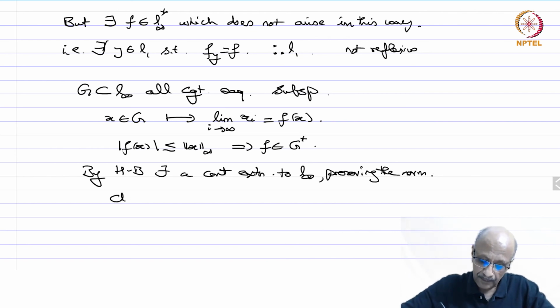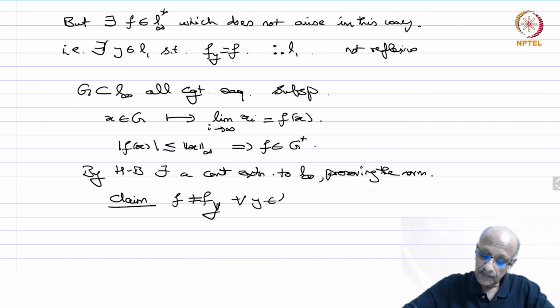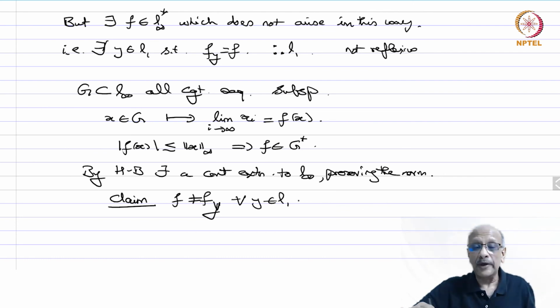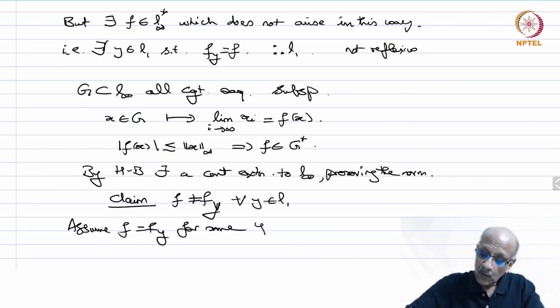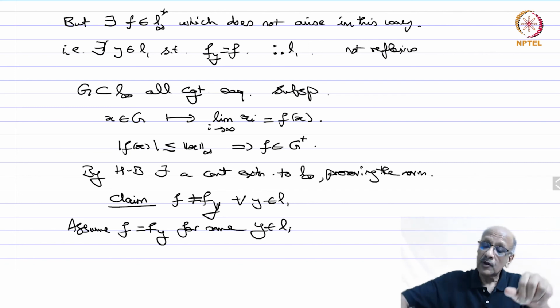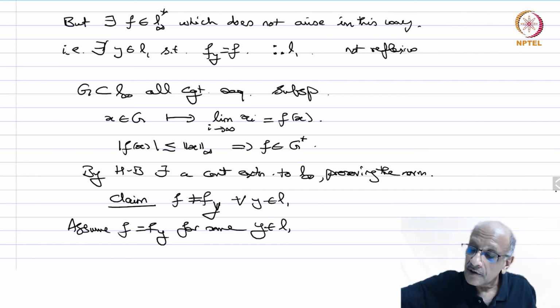So claim: f is not equal to f_y for all y in L1. You cannot produce a y in L1 which comes like this. Let us assume f equals f_y for some y in L1. Now we want to get a contradiction.